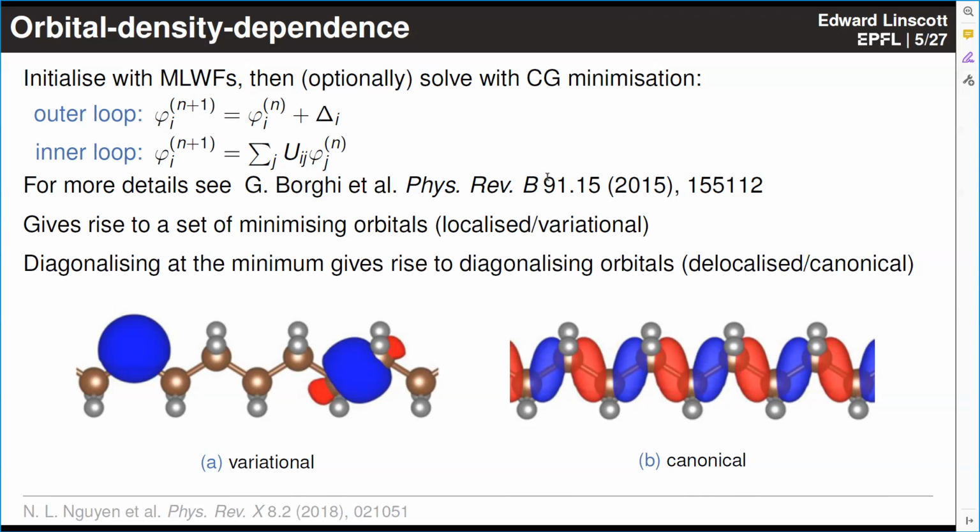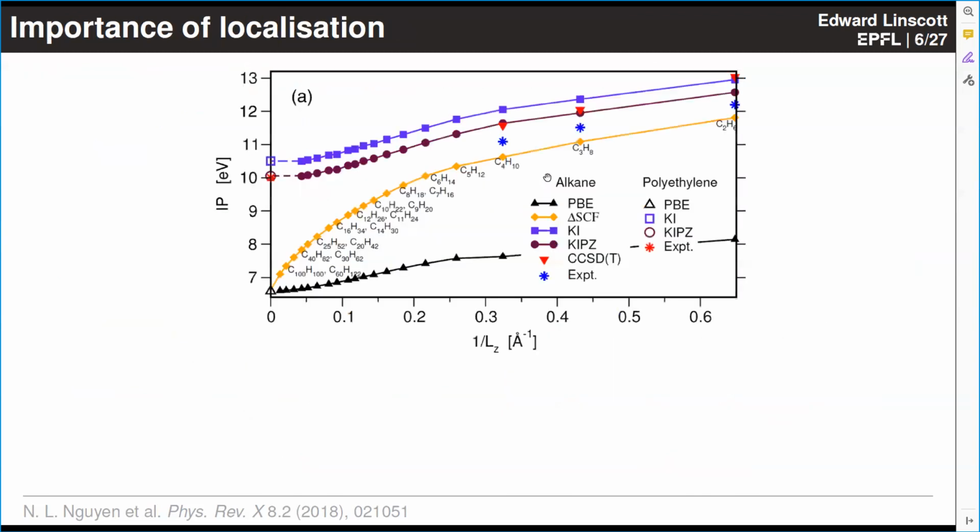So we saw this plot earlier in Ismaila's talk, but I thought I'd drill down on precisely what's going on here in a bit more detail, to stress the importance of localization to the success of Koopmans functionals when we perform calculations on solids.